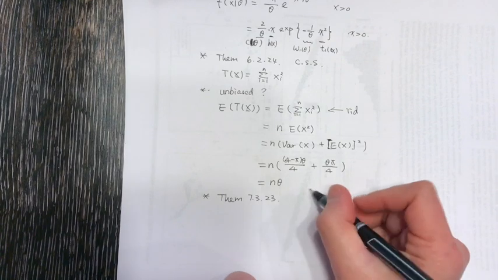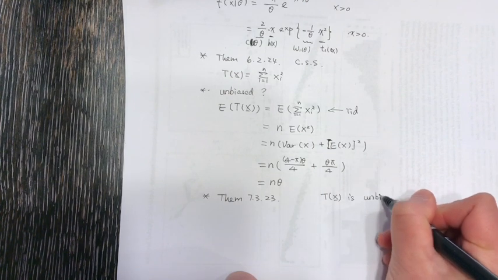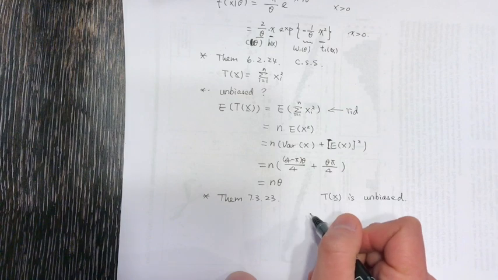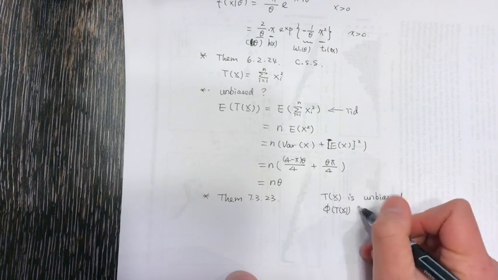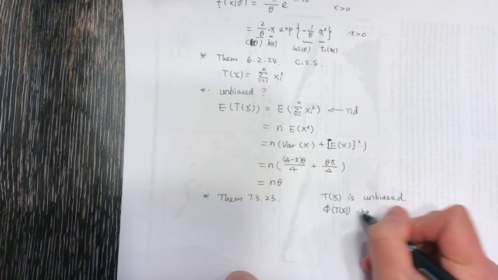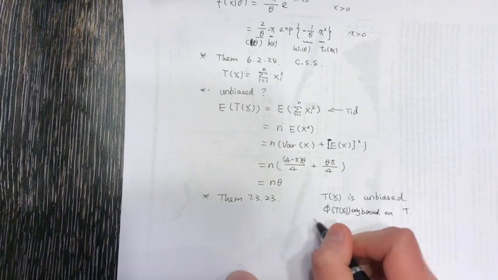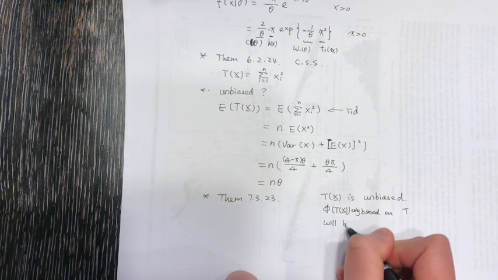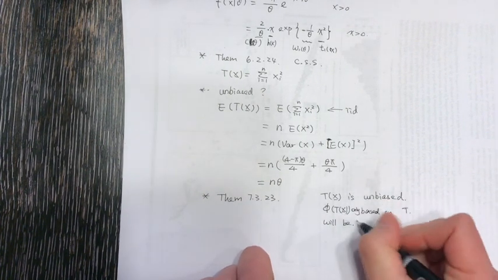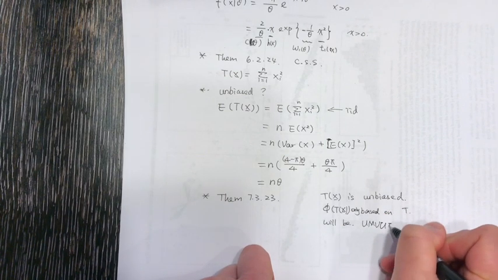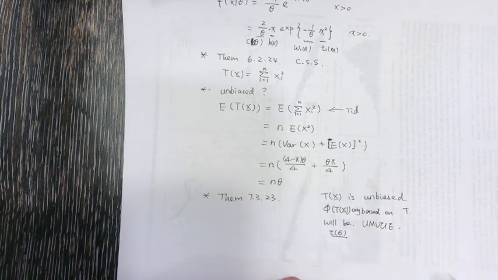According to the theorem, if T(X) is an unbiased estimator of theta, then there is a function of T(X), which is only based on T, that will be the unique best estimator for another function of theta.